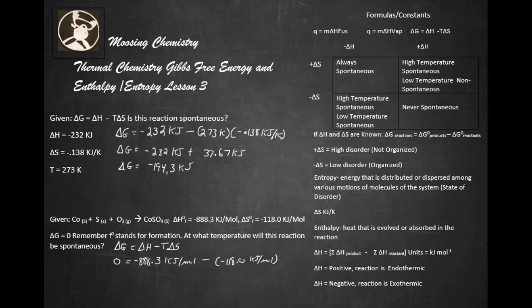Okay. And I'm going to put times T on this side right here. Just going to move it around a little bit. So T is going to equal, let's see here. So bring the 888.3 kilojoules per mole over, equals, a negative is a positive, so that would give us 118.0 kilojoules per mole times T. Right?